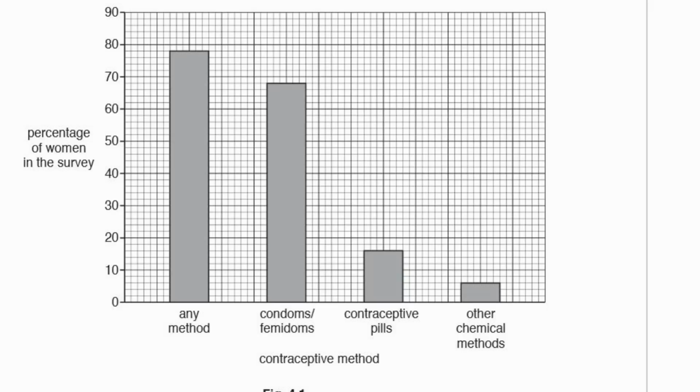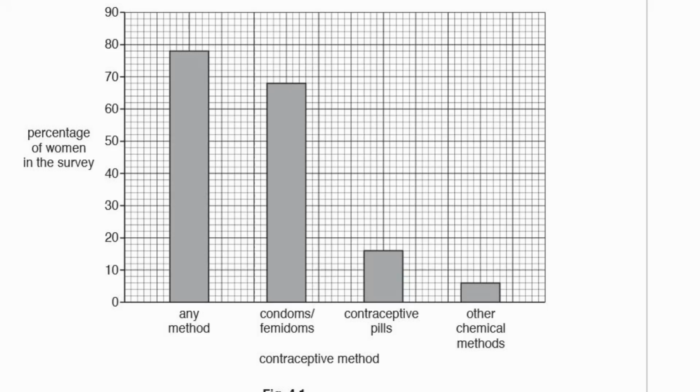Well, there's a couple reasons. One of them could be that some women will use more than one method. Some women may use condoms to prevent STIs and contraceptive pills to prevent pregnancy, just in case something happened, or another chemical method. So that is one highly likely method.